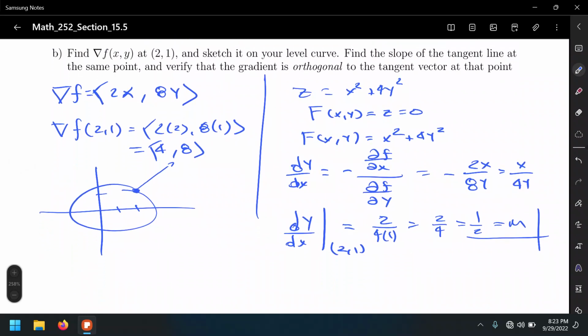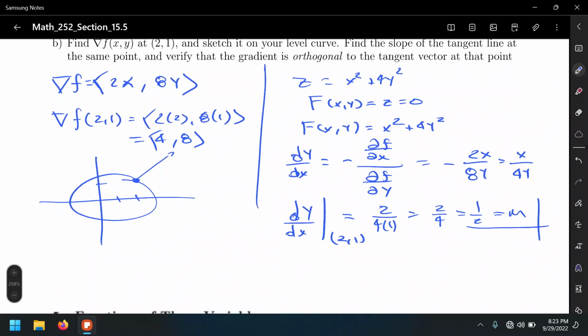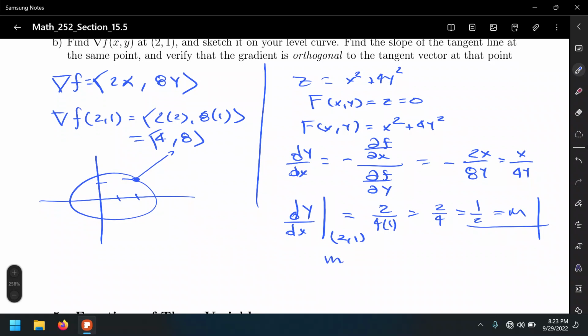How do we get that direction vector for the tangent? That's a good question. This slope right here, m equals 1/2. Recall that this slope is the ratio of the rise to the run.